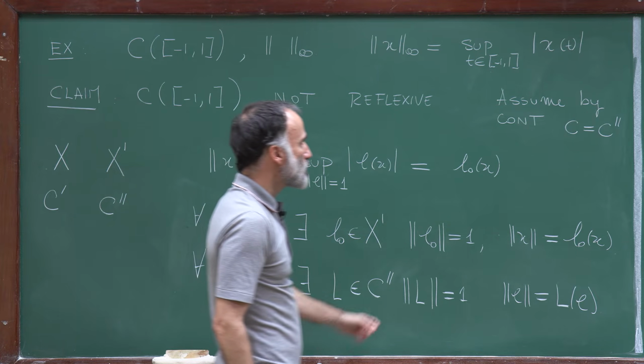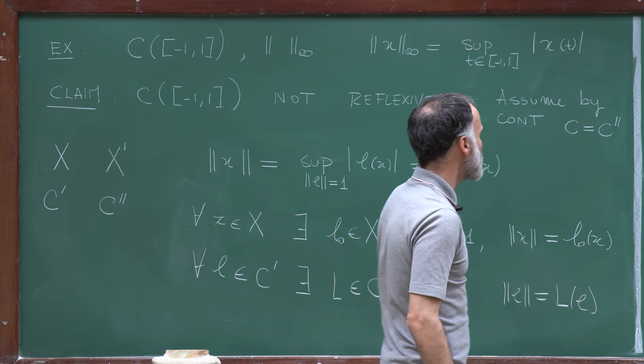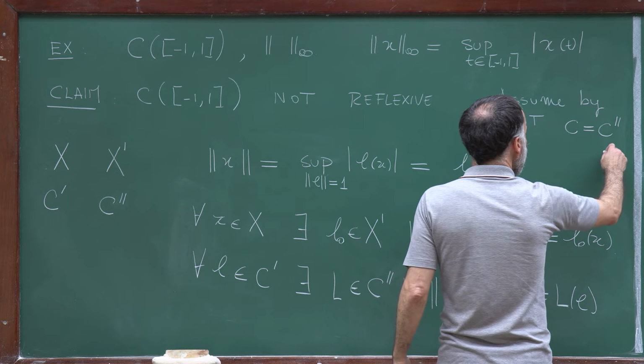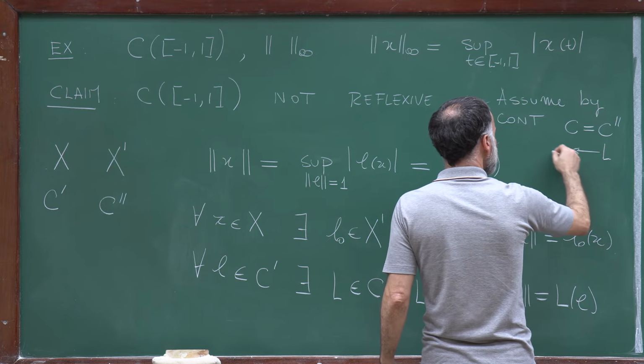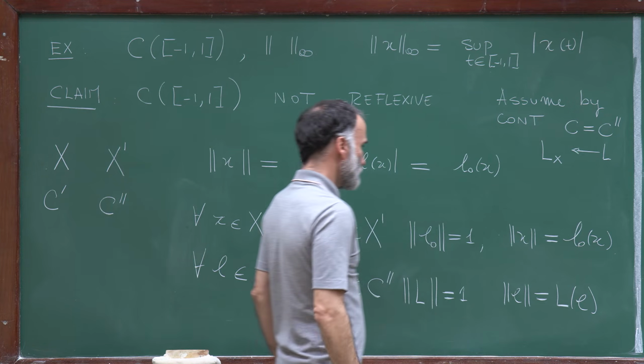If it's true that C is equal to C double prime, it means that every element of C double prime is actually Lx.